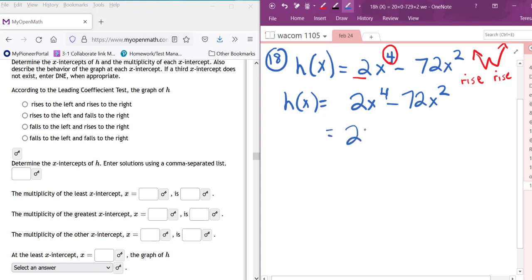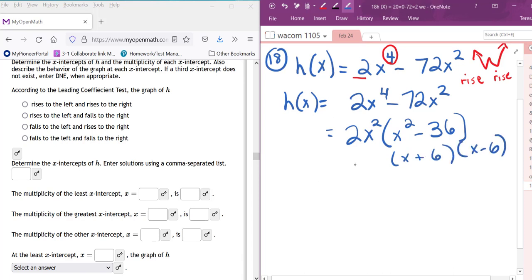We can take out a 2x squared, and that will leave us x squared, and just divide, it goes 36 times. 2 into 72 goes 36 times, and we took the x squared outside. Right. This one will keep factoring. It gave you a difference of squares, x plus 6, x minus 6.